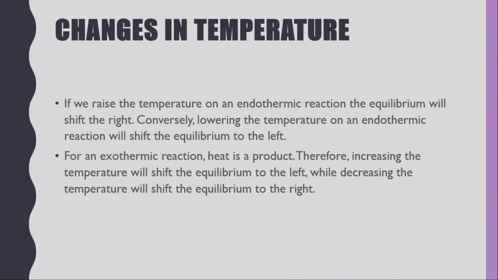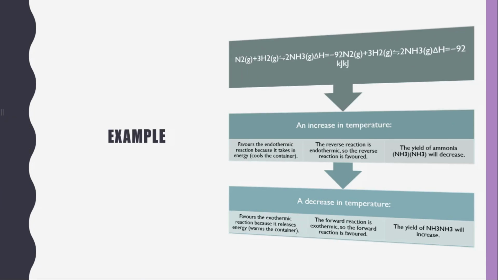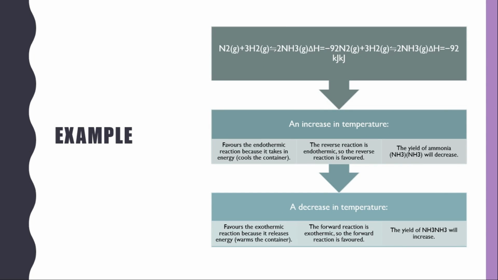Change in temperature. The effect of temperature on equilibrium has to do with the heat of reaction. Recall that for an endothermic reaction, heat is absorbed in the reaction and the value of delta H is positive. Thus, for an endothermic reaction, we can picture heat as being a reactant.